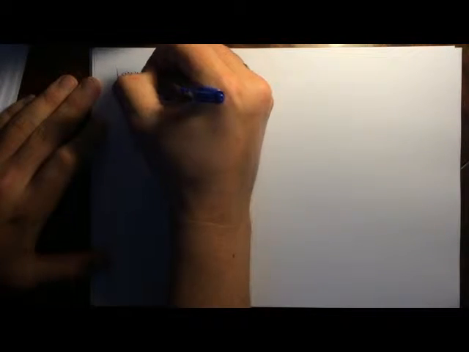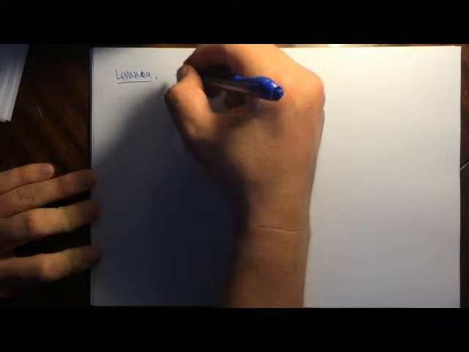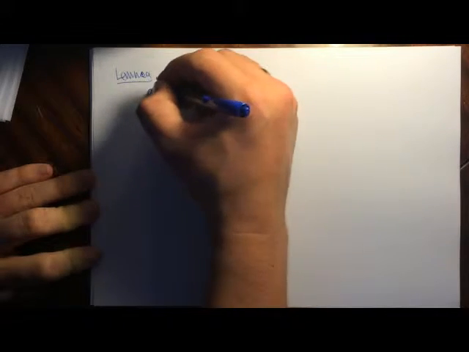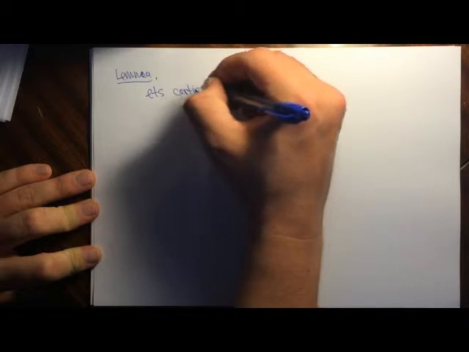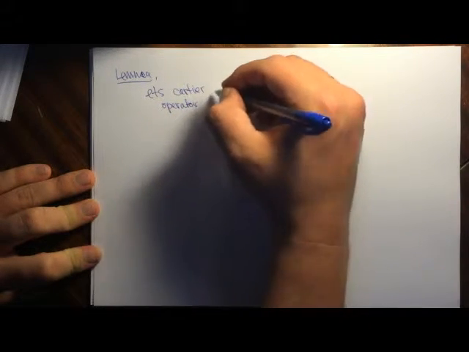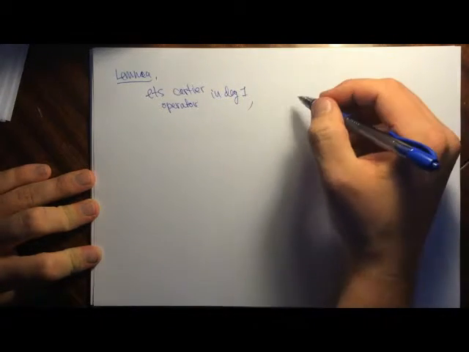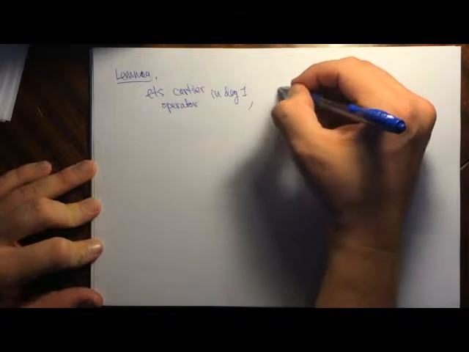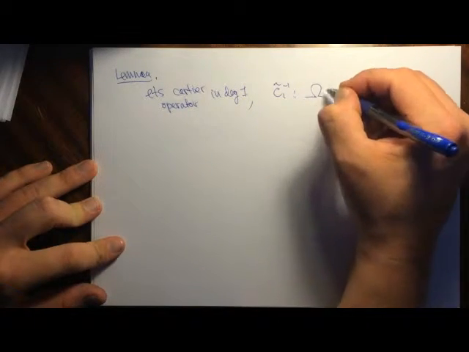Okay, so let me start with a lemma. It's enough to show a Cartier operator. It's enough to give a Cartier operator in degree 1. What we mean by this is we just want some guy in the derived category.